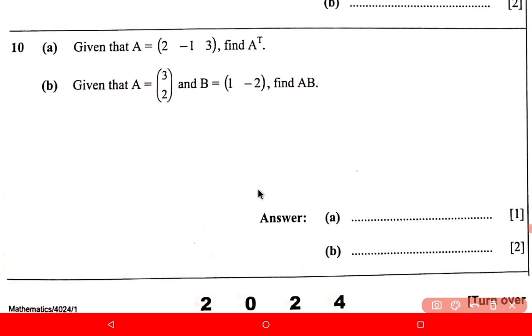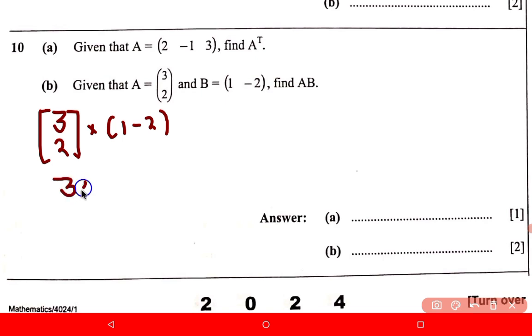So let's multiply now. You have 3, 2 multiplied by 1, -2. Each row multiplies with both columns, so that will be 3 times 1.